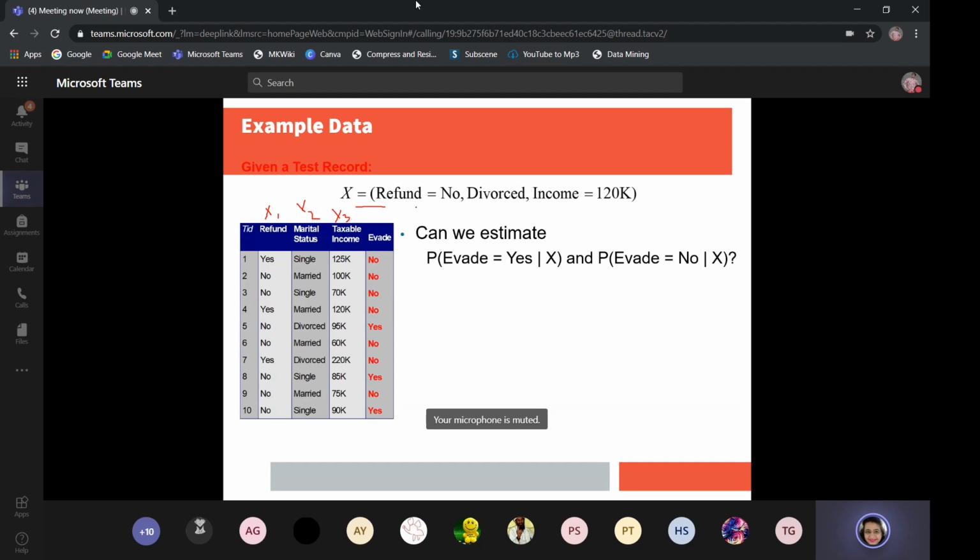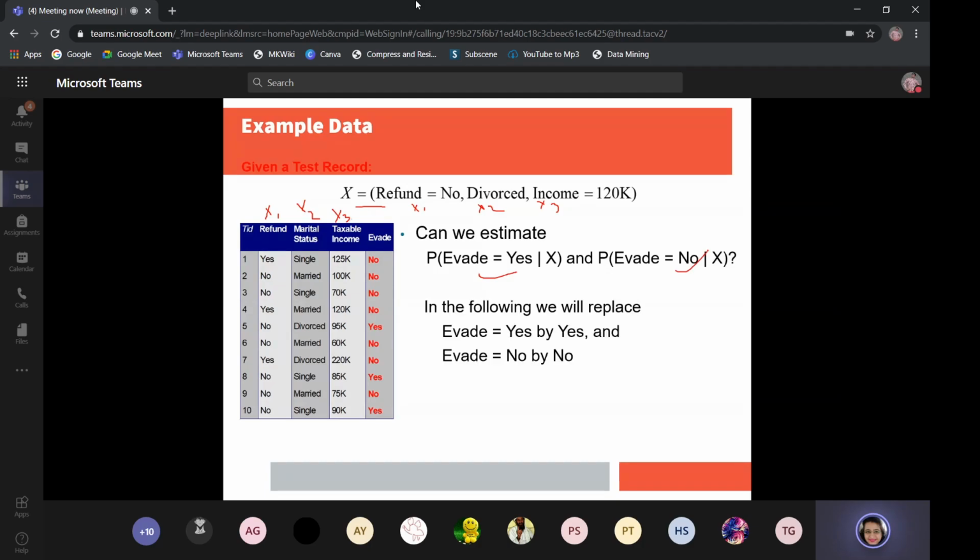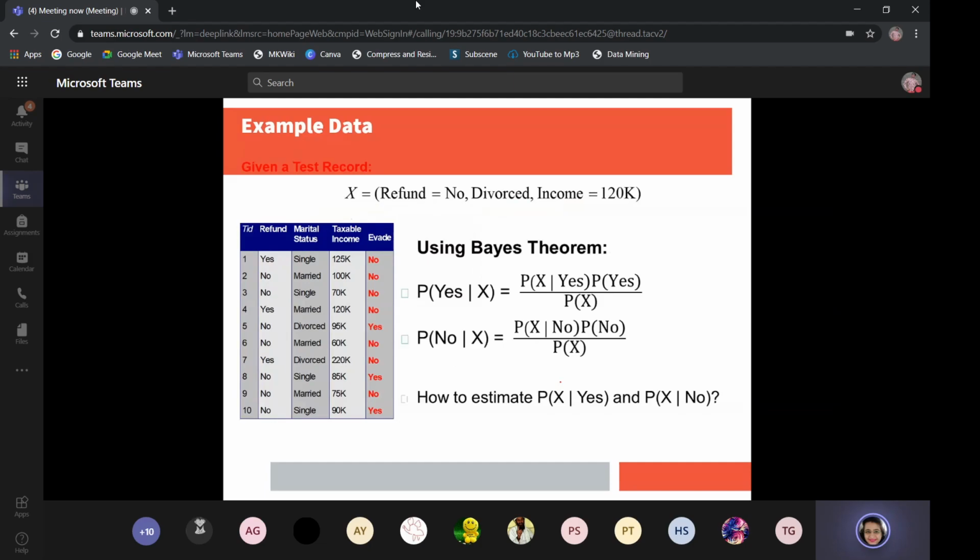Given these values of x1, x2 and x3, can you tell me whether the person will evade tax or will not evade tax? While computing, you will write yes for evade tax and no for not evading. So basically you are going to compute two probabilities, when y was yes and when y was no.